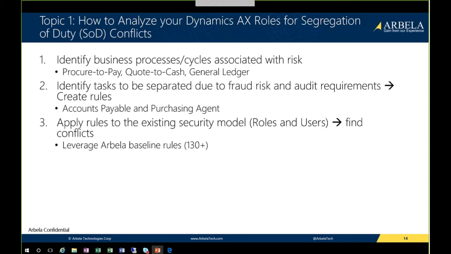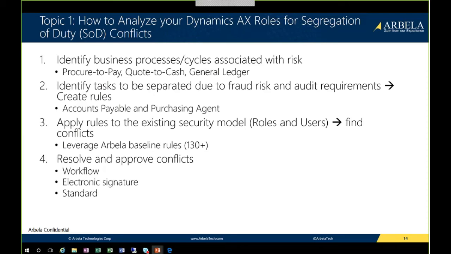The third step would be applying the rules to the existing security model and running the conflict batch job, and you can leverage our rule list for that. The fourth step is to resolve the conflicts, come up with a standard approach to resolving and approving conflicts, whether you want to use workflow, electronic signature, or a standard approach, and then monitor and review.